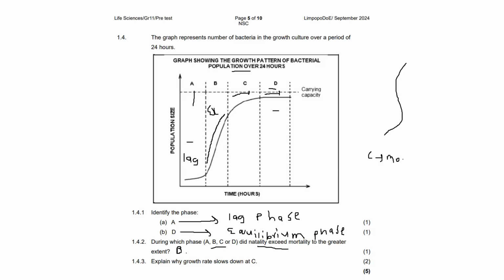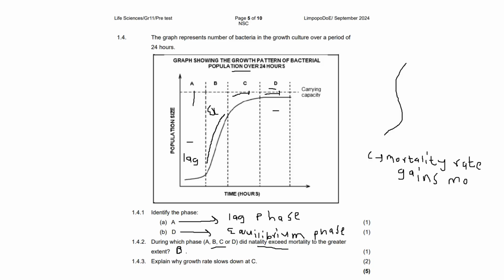Whenever the mortality rate is gaining momentum, those bacteria are going to start dying in large numbers. That should be the conclusion. Firstly, we have the mortality rate gaining momentum.